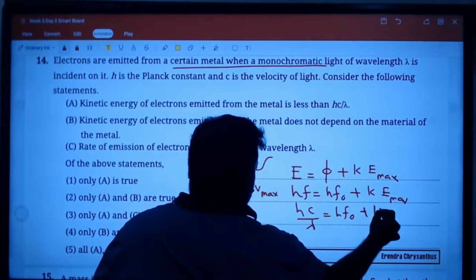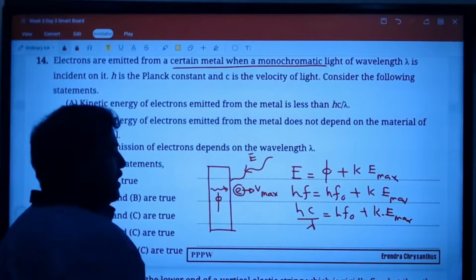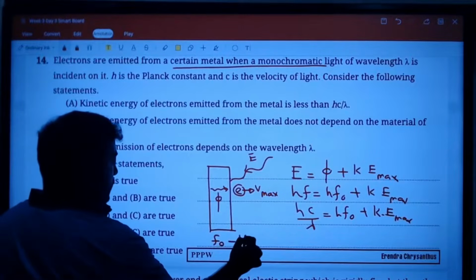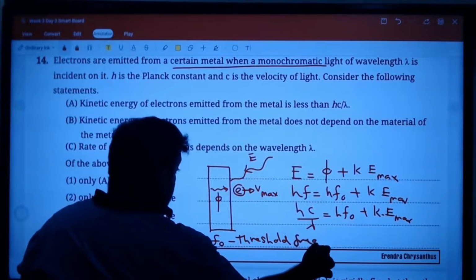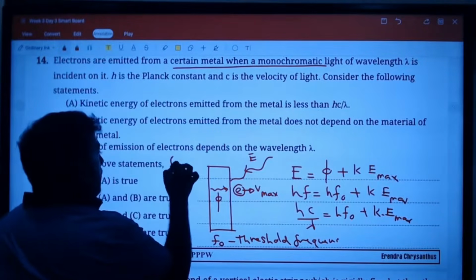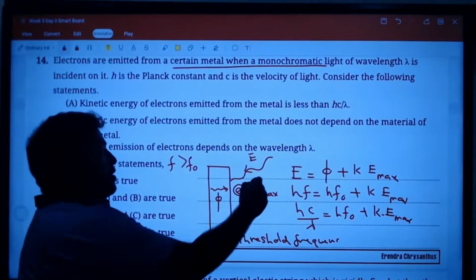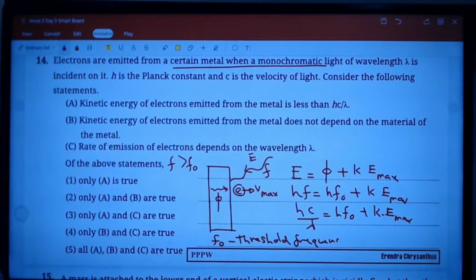So these are the usual symbols. Threshold frequency, we have talked about this. Only after a particular frequency are electrons emitted. Incident frequency should be greater than threshold frequency for photoelectrons to be emitted.